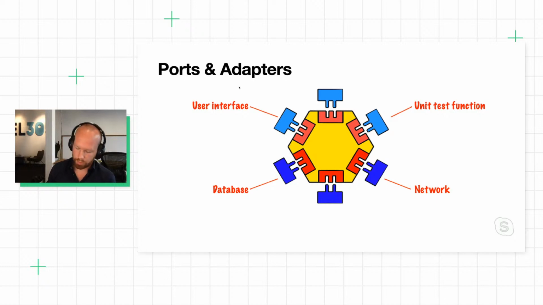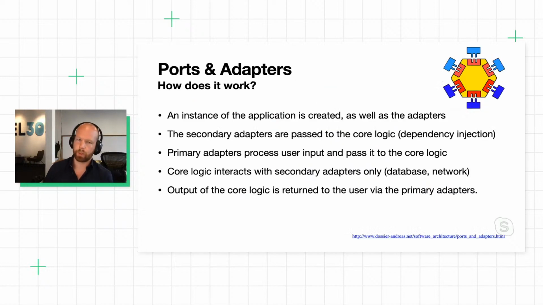So if you've got all this in place, how does it actually work? So we've got an instance of the application. So you create that and you create all the adapters around it. And the secondary adapters, so the 3 adapters at the bottom, you pass them to the core logic with dependency injection.